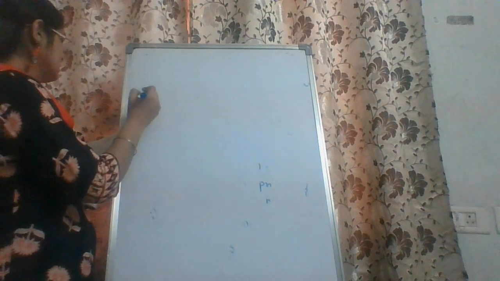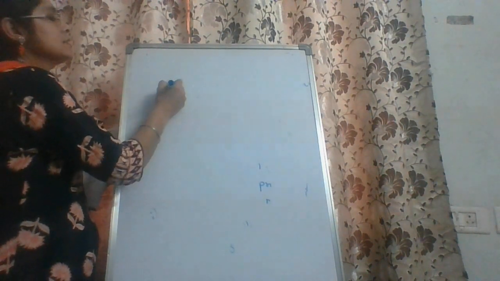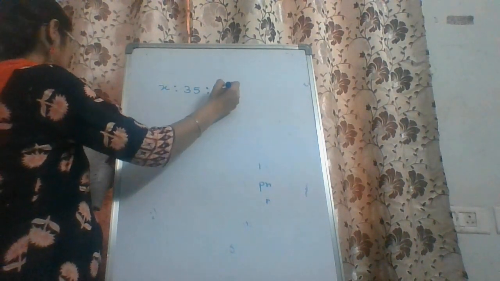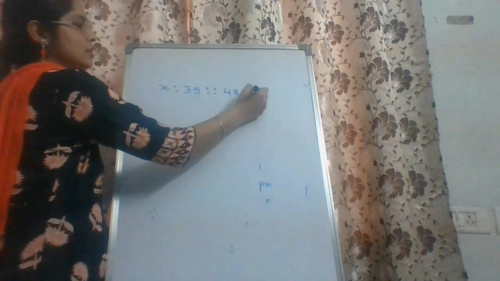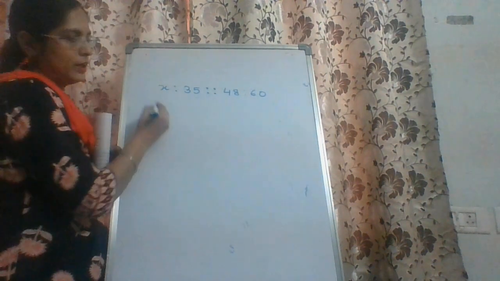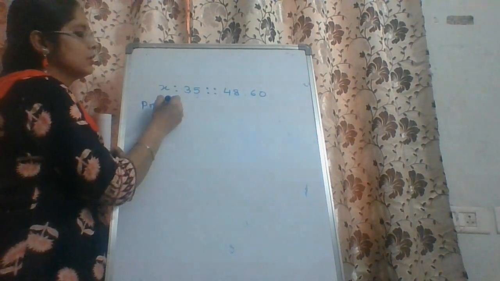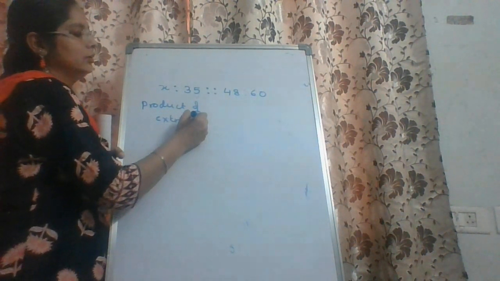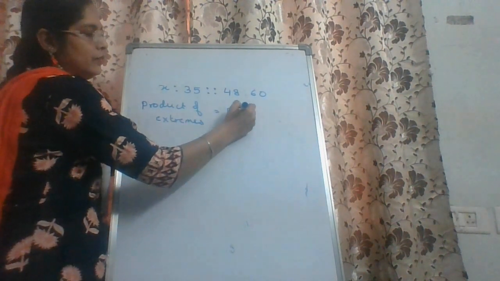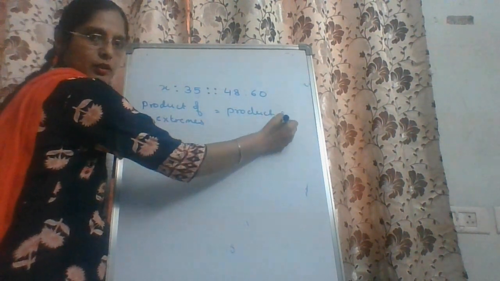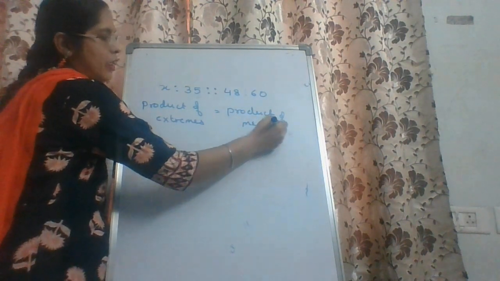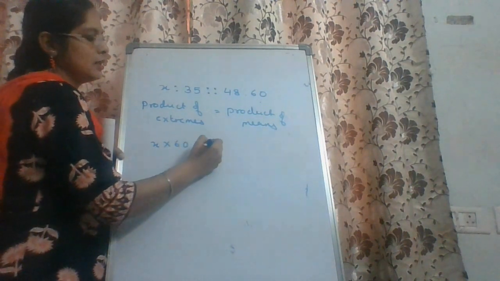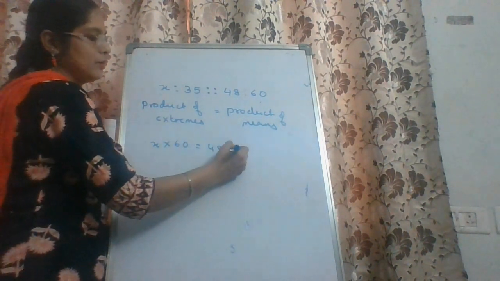Find the value of x if x is to 35 proportional to 48 is to 60. Let us find product of extremes equal to product of means, which implies that x multiplied by 60 is equal to 48 multiplied by 35.